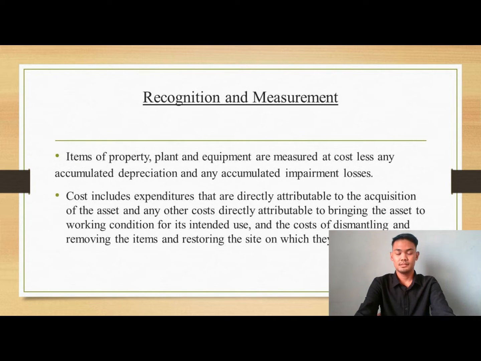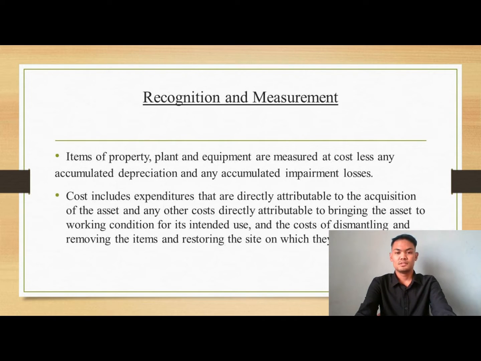My name is Iman. I will explain about the recognition and measurement. Items of property, plant and equipment are measured at cost less any accumulated depreciation and any accumulated impairment loss.